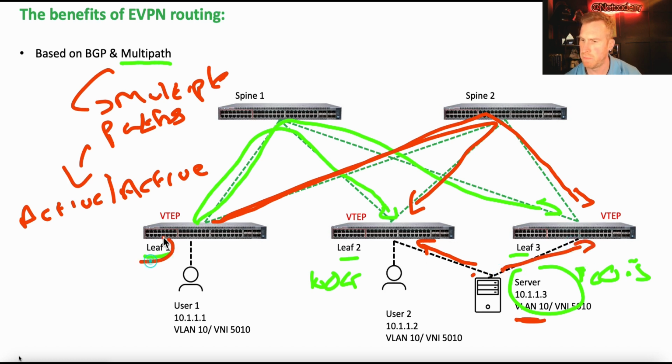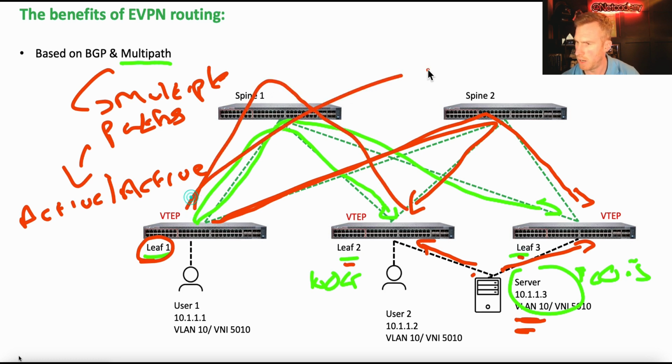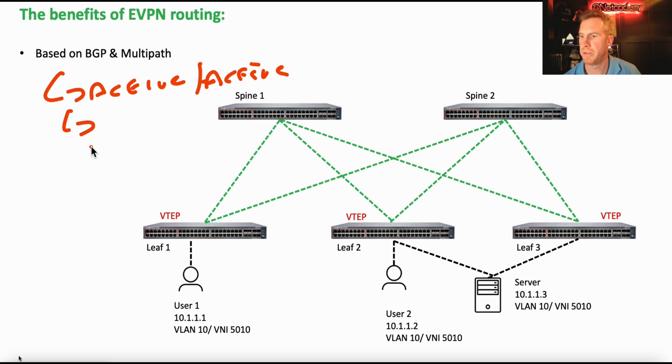And as such, leaf 1 can see that to get to the server attached to leaf 2 and leaf 3, it can do so via spine 1 and via spine 2 down to leaf 2 or leaf 3 from there. But this is for active forwarding. And you get active forwarding when you've got EVPN as that control plane.